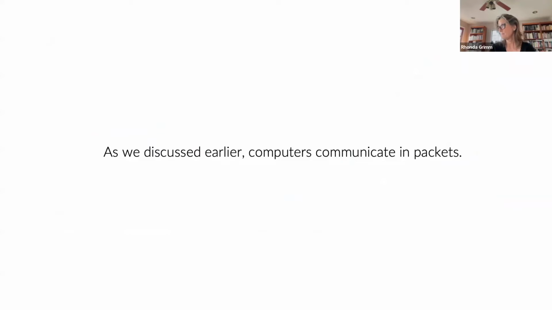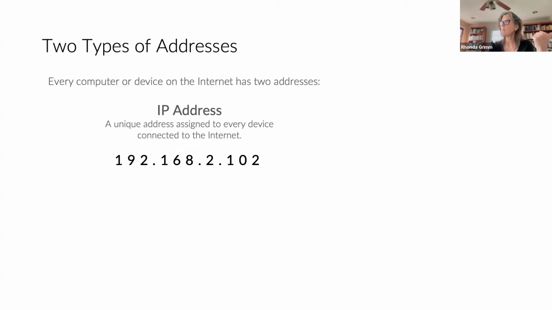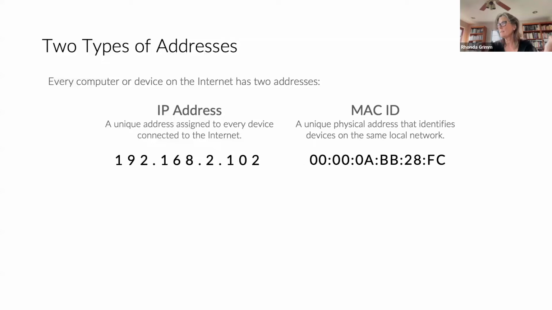So as we talked about, computers communicate in packets, and packets need addresses. There are two types of addresses. Every computer or device on the internet has two addresses. They have an IP address, which is a unique address assigned to every device that's connected. And then there's the MAC ID, which is a unique physical address that identifies a device.